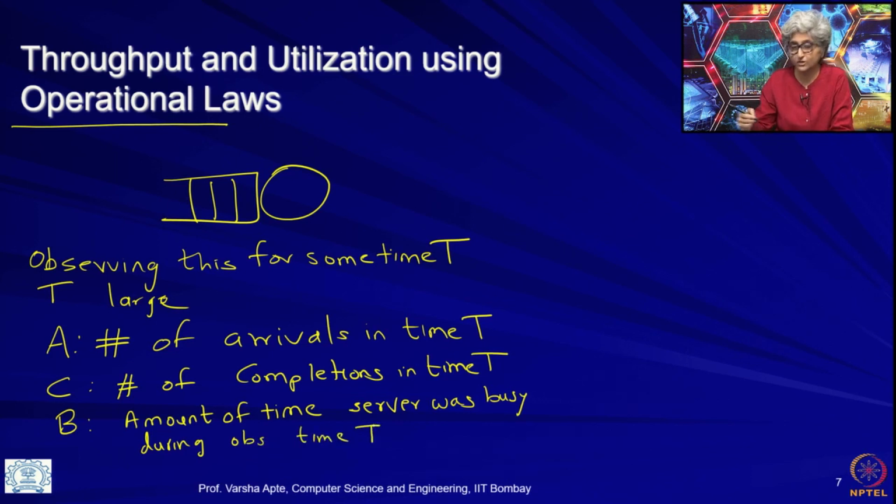So, suppose we actually were monitoring this queuing system and somebody measured all of these things. Somebody measured how many arrivals came, how many departures happened. So, these are numbers, not rates, and this is time.